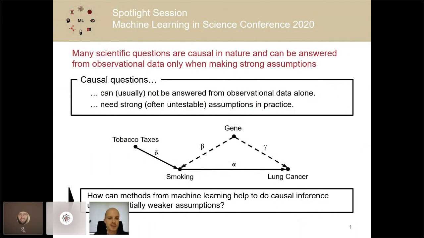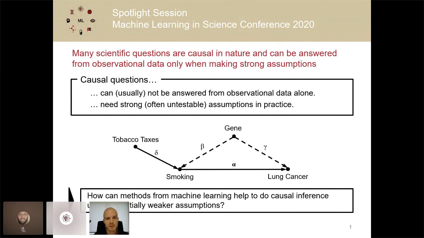This example illustrates some properties of causal inference. It shows that causal questions cannot be answered only from observational data. We always necessarily need some assumptions about the causal structure of the problem. In our example, we could just assume that there exists no gene like this. If there is no unobserved confounding, we can directly estimate the causal effect from the data.